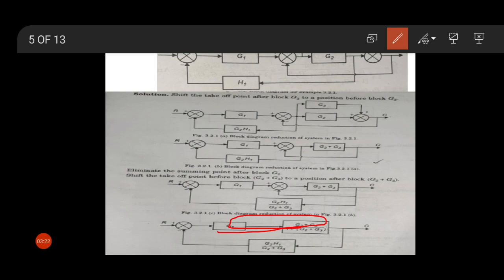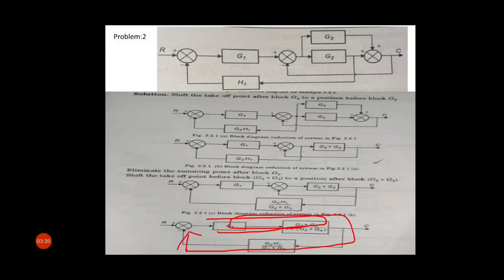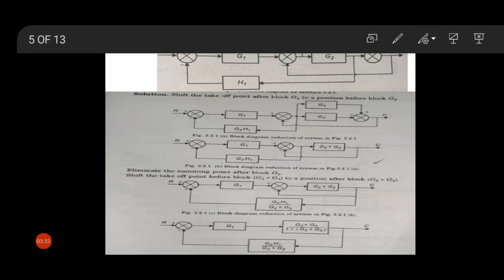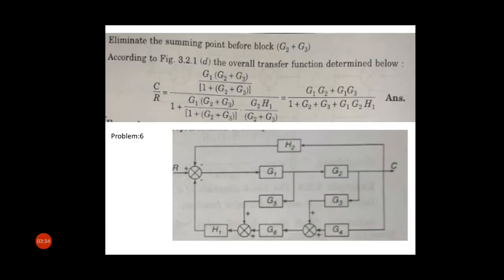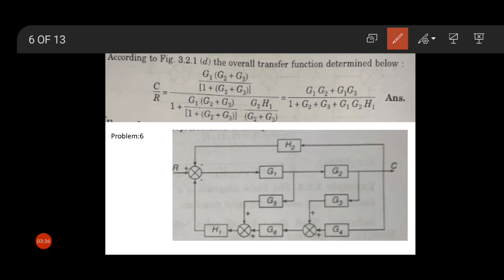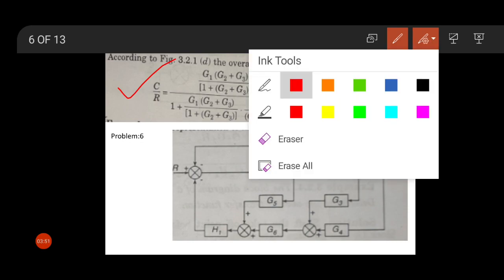Then we get a single block, and this is our normal feedback structure. After eliminating this feedback structure, we get our transfer function. This is C by R, and this C by R is G1 into G2 plus G1 into G3, divided by 1 plus G2 plus G3 plus G1 G2 H1.